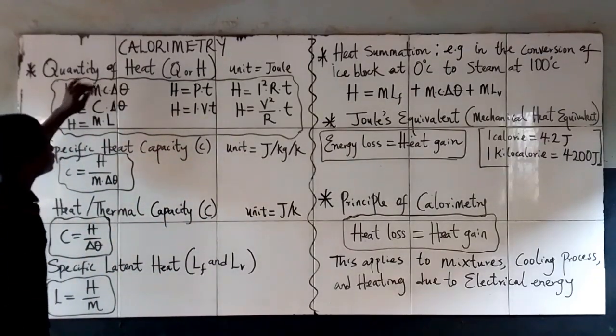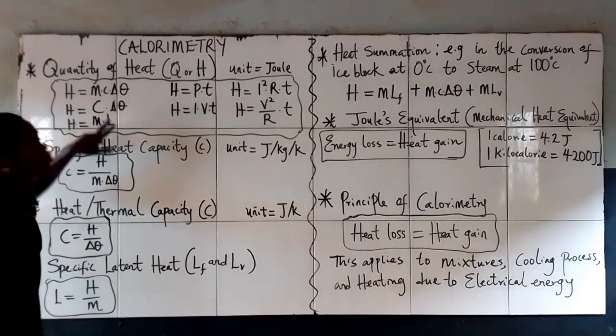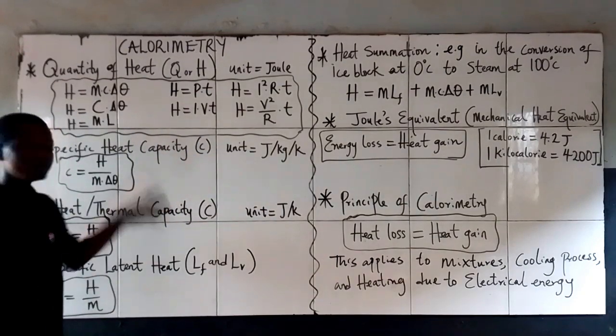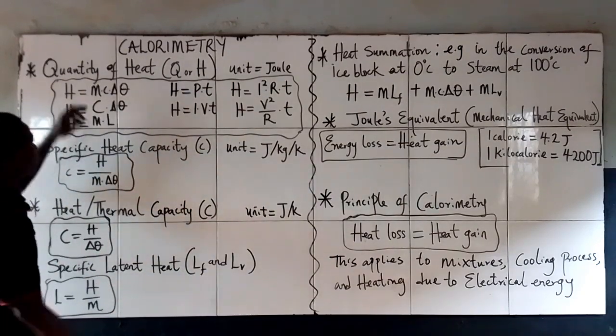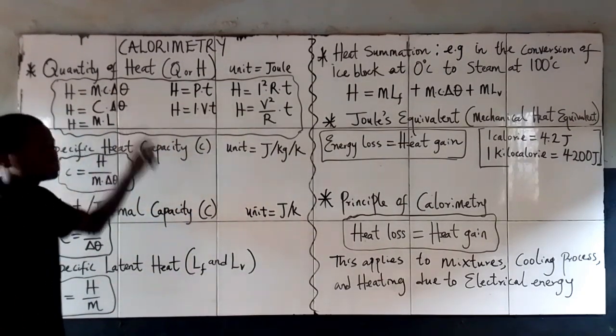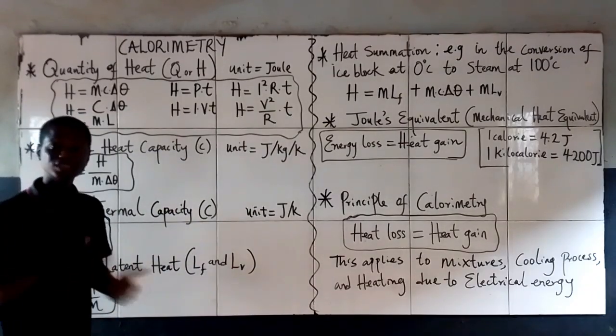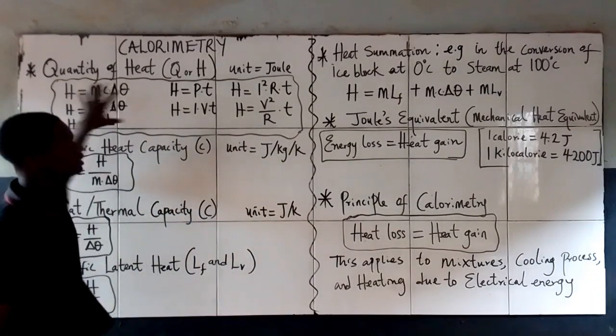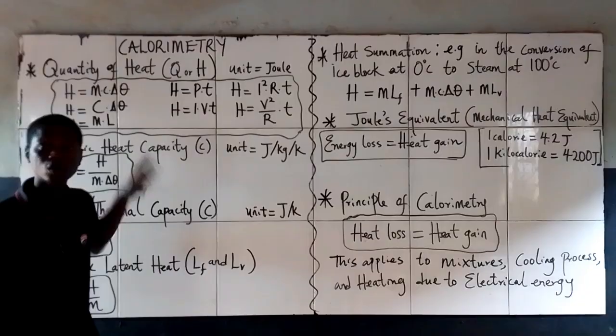Each of these, big C, small c, big L, has its meaning, which we see below. We know that m is mass, and change in theta is the change in temperature. These are the formulas you can use to get quantity of heat.